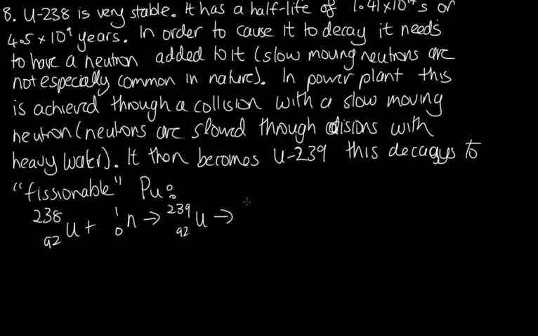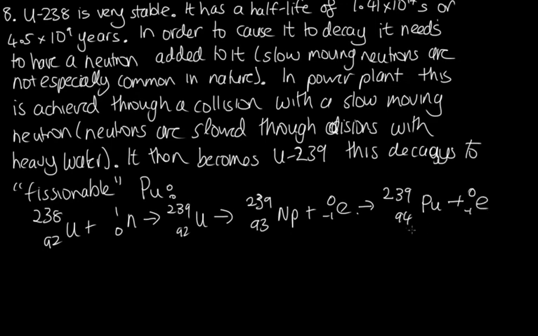This undergoes beta decay, or anti-beta decay, becoming 239, 93 neptunium with the release of an anti-beta particle, and this then decays into plutonium through another anti-beta decay, and this is fissionable, meaning that it'll break apart into two separate nuclei spontaneously.